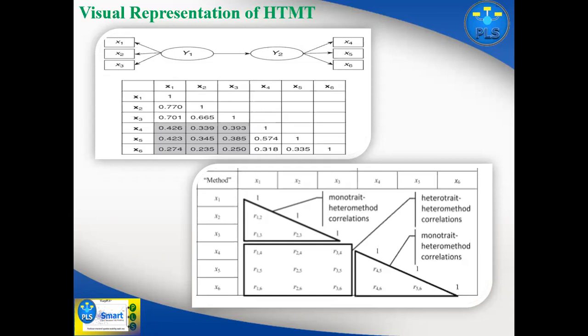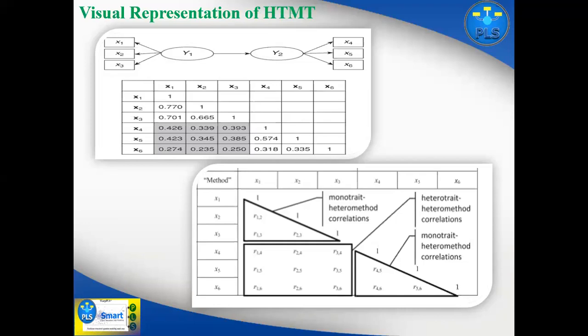In this case, X1 to X2 is 0.7, but X4 to X1 is less than X2 to X1. Why? X1, X2, X3 are from the same construct. But X4 to X1, X2, X3 means you are correlating the items of two different constructs.